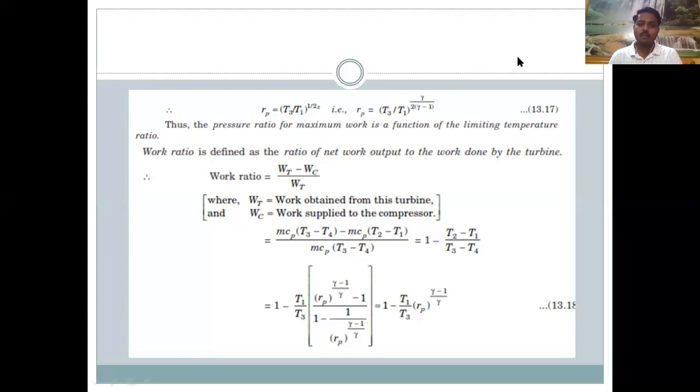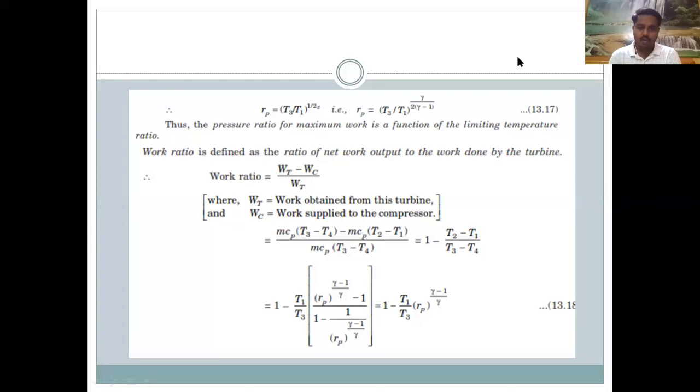Turbine work is m Cp (T3 minus T4), and compressor work is m Cp (T2 minus T1), so the ratio is 1 minus (T2 minus T1) divided by (T3 minus T4). From that you get the equation 1 minus T1 upon T3 into Rp raised to gamma minus 1 upon gamma.